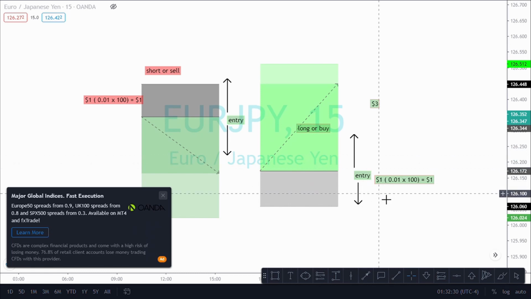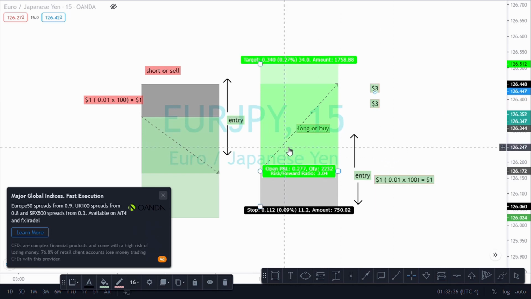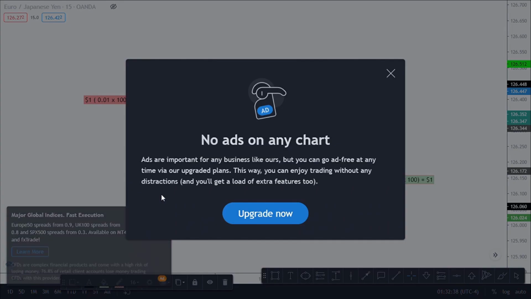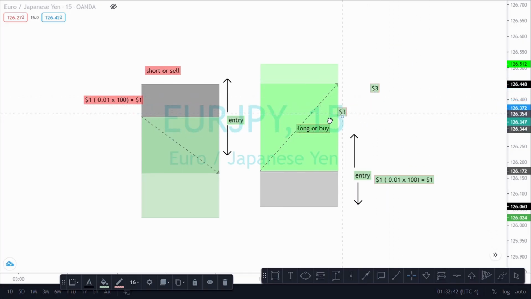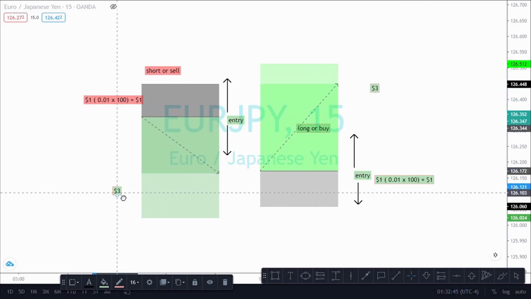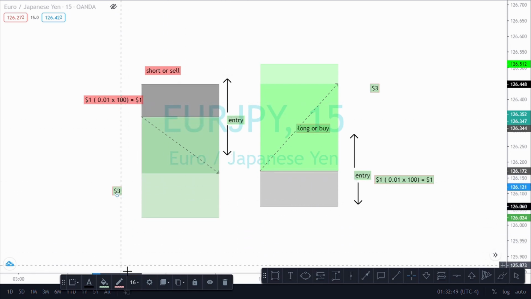So you risk $1 here to make $3, and essentially it's the same thing. Here is $1, and it is $1 here, and you stand to make $3.